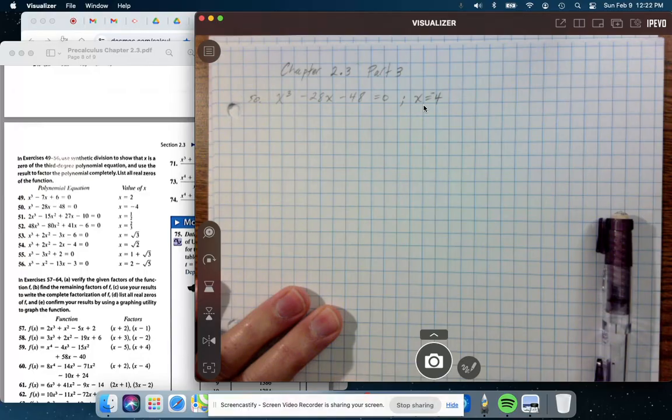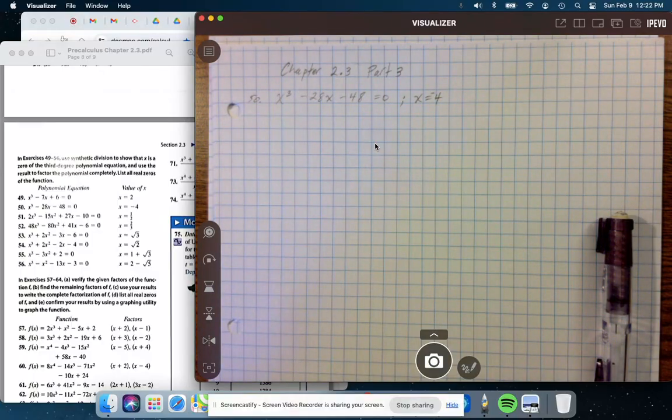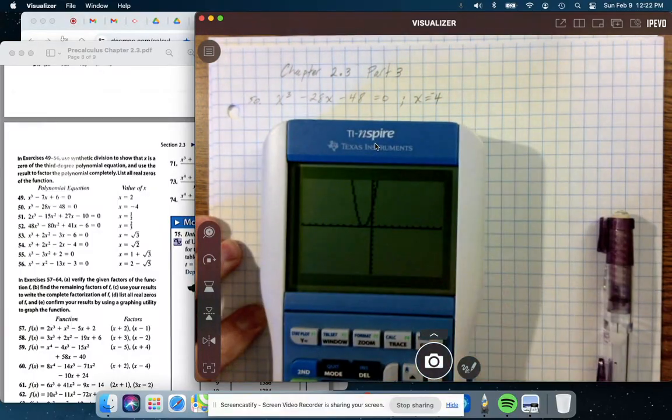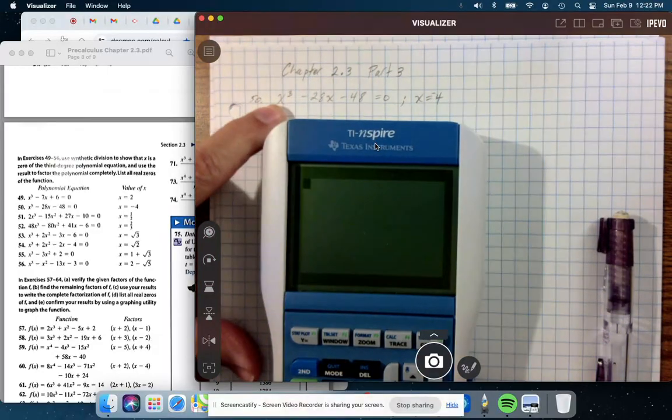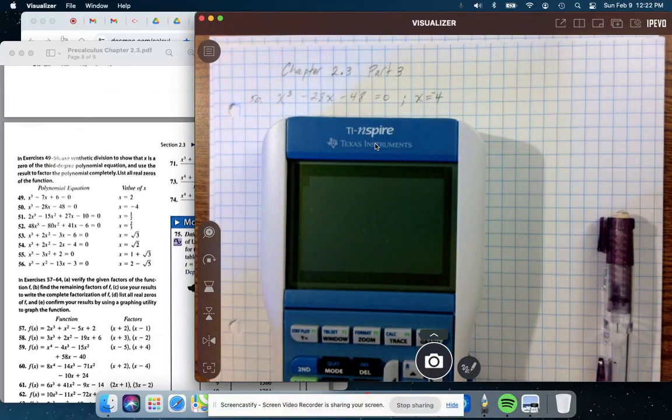Now one way I could do that is to plug negative 4 in for x, and if I do, it should come out to be 0. So this first time I'm just going to do that just to show you what they mean. So I'm just going to replace x with negative 4 here.